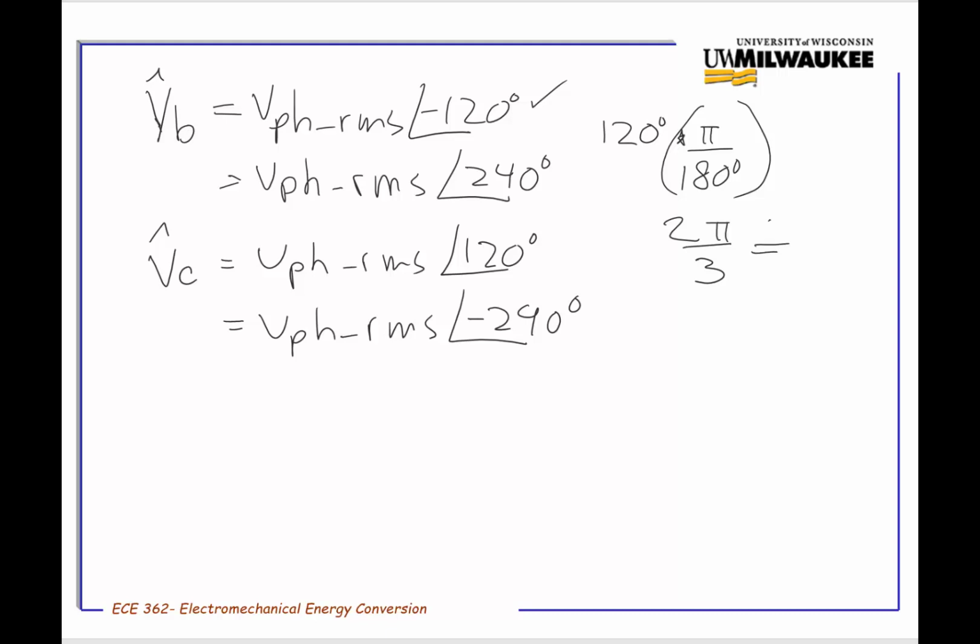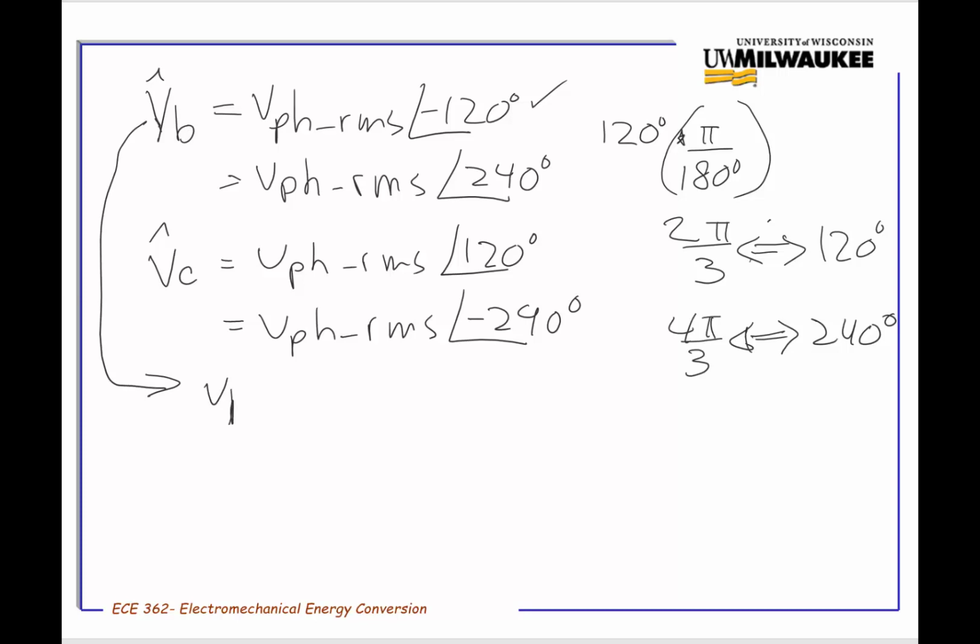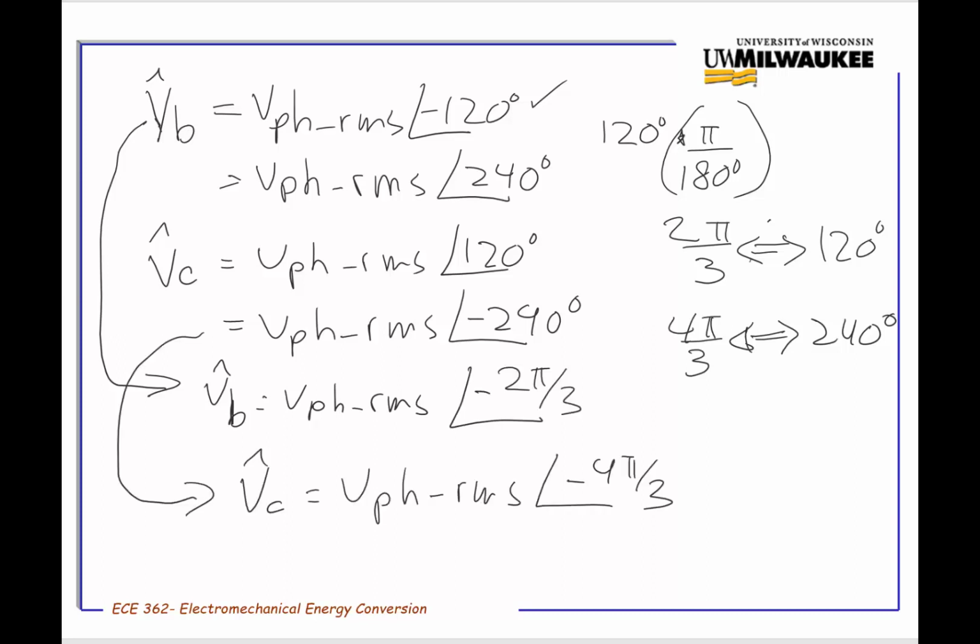So 2 pi thirds and 120 degrees are the same thing. 4 pi thirds and 240 degrees are the same thing. So you could write these expressions this way as well. Okay, so just to make that little clarification, because I've been going back and forth between degrees and radians.